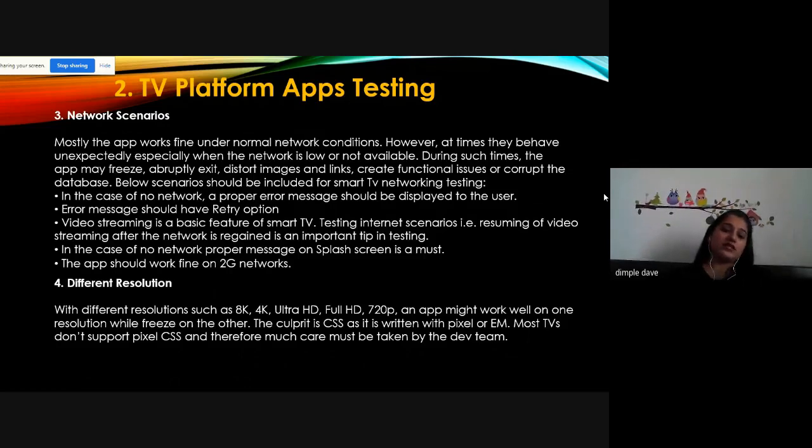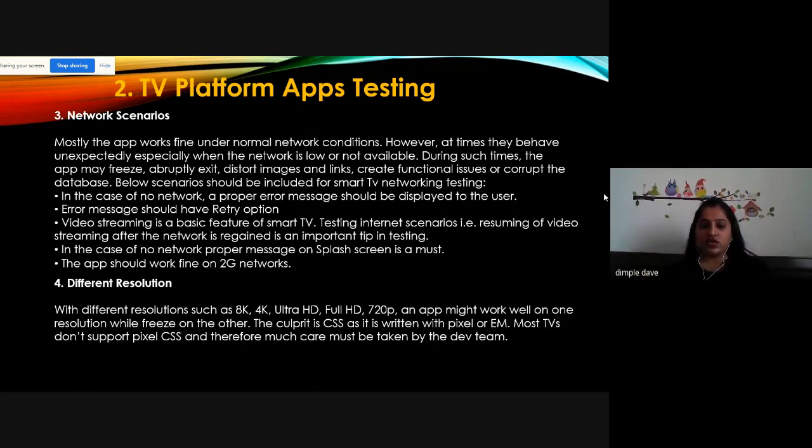Video streaming is a basic feature of smart TV. Testing internet scenarios and resuming of video streaming after the network is regained is an important tip in testing. So again, video streaming is basic, right? On smart TV platforms, you will ultimately find the content in the form of video streaming. So we have to take care of all the video streaming scenarios, like resuming, backward, forward, pause, play under different network conditions.